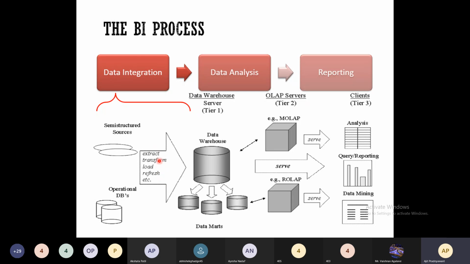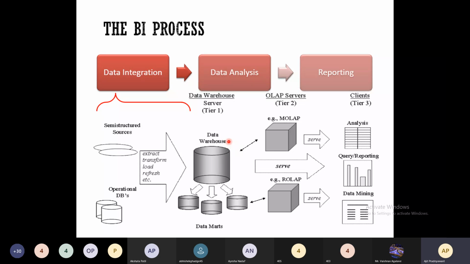Once you do this, the next step is you need to keep this data in the data warehouse. This is our data warehouse, and in this data warehouse, again the data gets split into different data marts, and this data warehouse is used by data analysis. The data is present in the data warehouse server, tier 1.